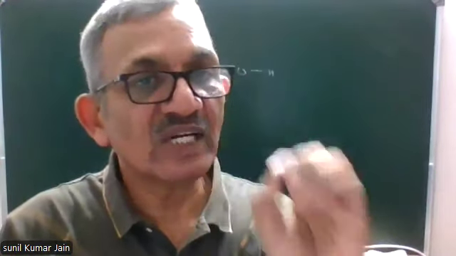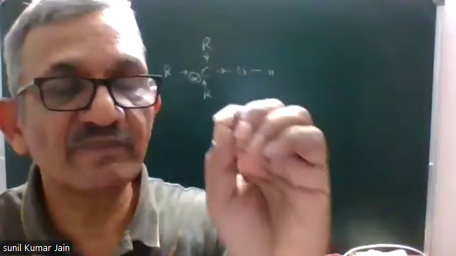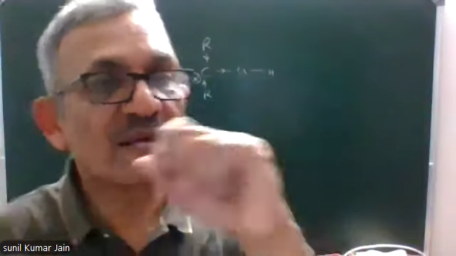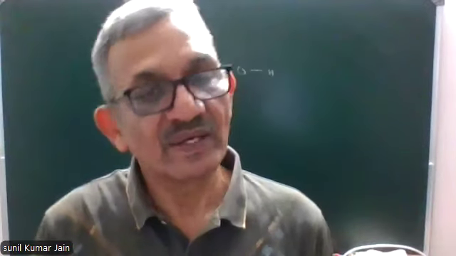Release of H plus will be difficult. And that is why acidic strength will be less. It means tertiary alcohol will be least acidic, primary alcohol will have maximum acidic strength. First we'll write this much, then I'll keep on explaining and dictating to you.